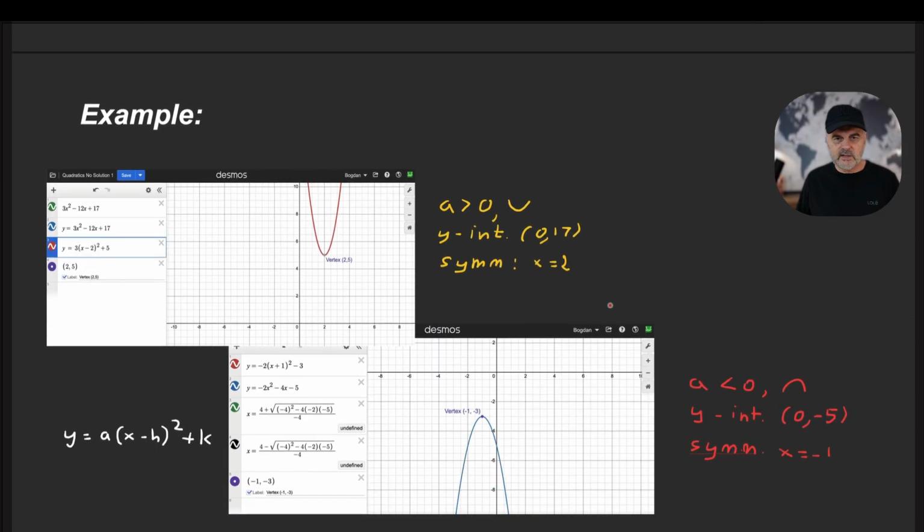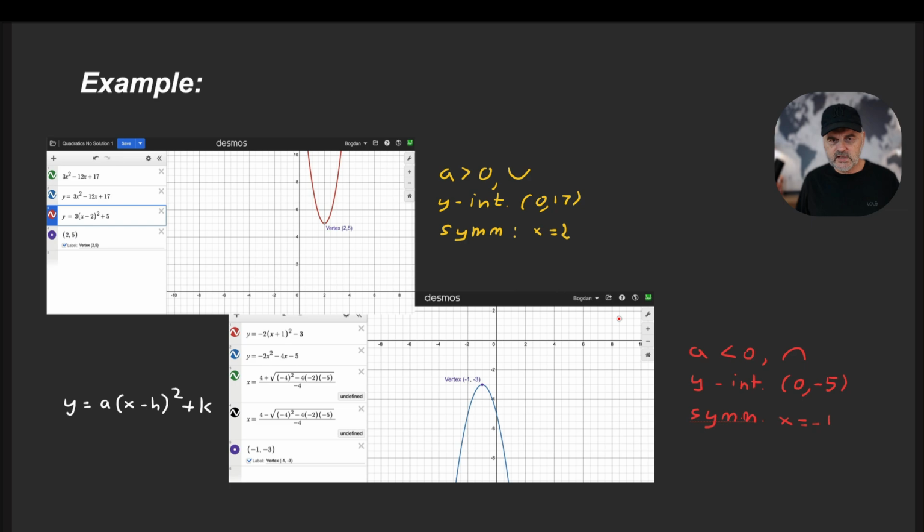Another example that we will introduce here is a parabola that doesn't show a vertex on the x-axis. This is a parabola that doesn't show x-intercepts, because its vertex is located at the coordinates 2 and 5.